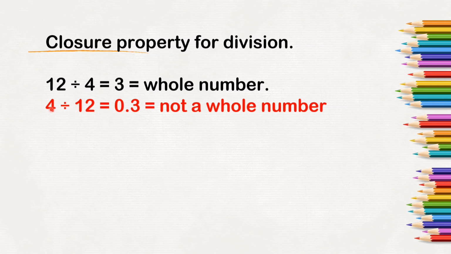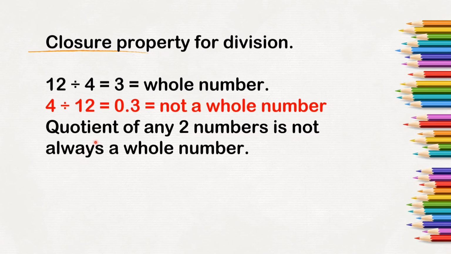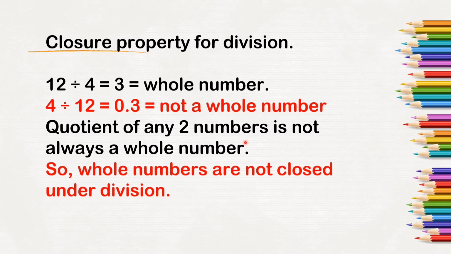But when we divide 4 by 12, we will get the quotient as 0.3, which is a decimal number, right? So a decimal number will not come under whole numbers. So 4 divided by 12 is not a whole number. Therefore, the quotient of any two numbers is not always a whole number. So whole numbers are not closed under division.